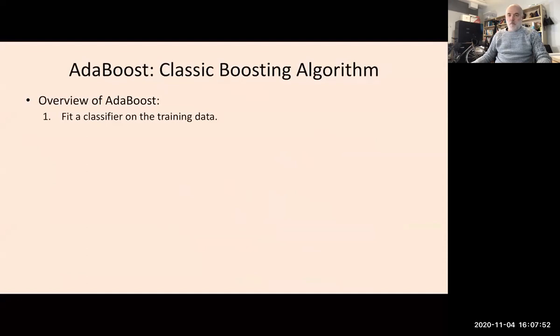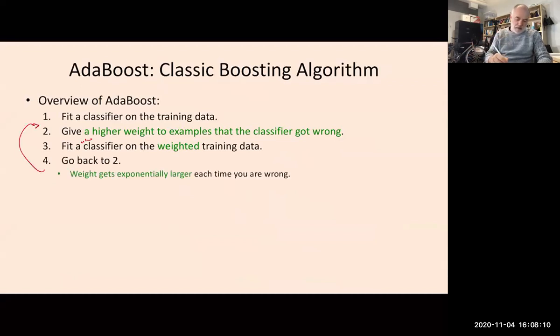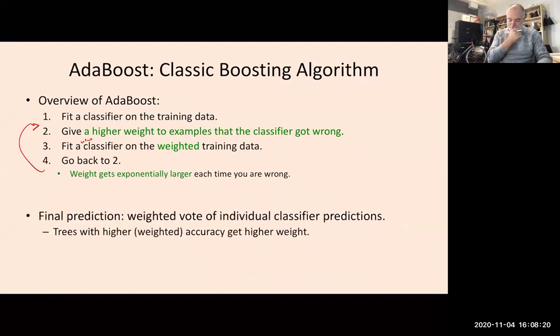So what AdaBoost does is it fits a classifier on the training data, and then it gives a higher weight to examples that the classifier gets wrong. Then it refits a new classifier on the weighted training data, and then you go back to step 2. Basically, the weights get multiplicatively or exponentially larger every time you're wrong.